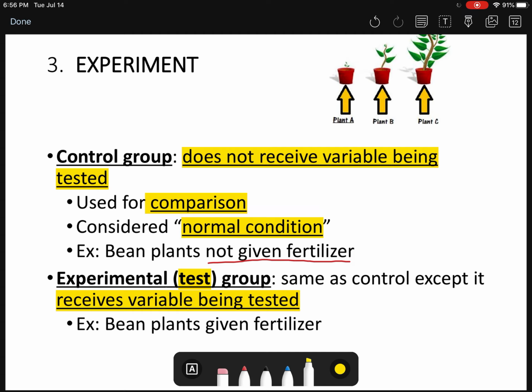Sometimes an experiment might have several experimental groups. So if we look up here, first of all, these are the plants given fertilizer, okay? So if we look up here, plant A would be the control group because it's not given any fertilizer. And plants B and C are our experimental groups.